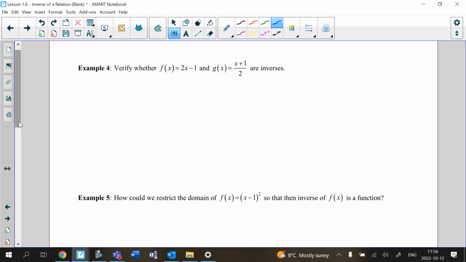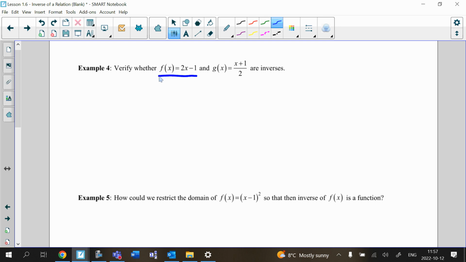One way you can do it, pick one of them and find its inverse. See if it equals the other one. So let's take this one. Let's find the inverse of it. See if it actually works out to this. So change the f of x to y, switch the x and y's, and then solve for y.